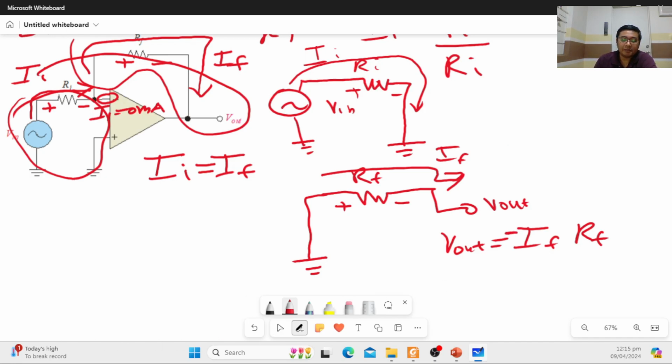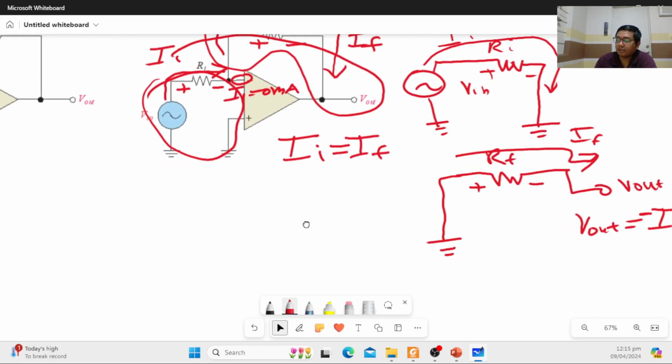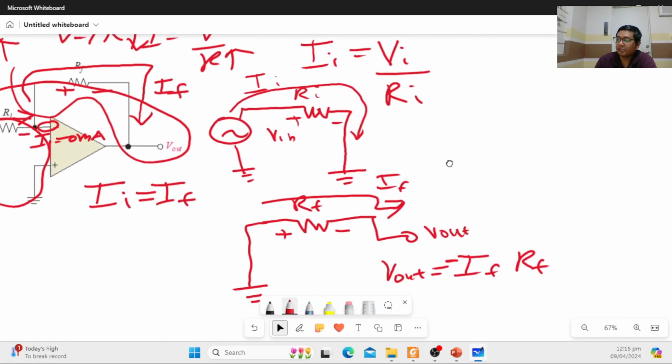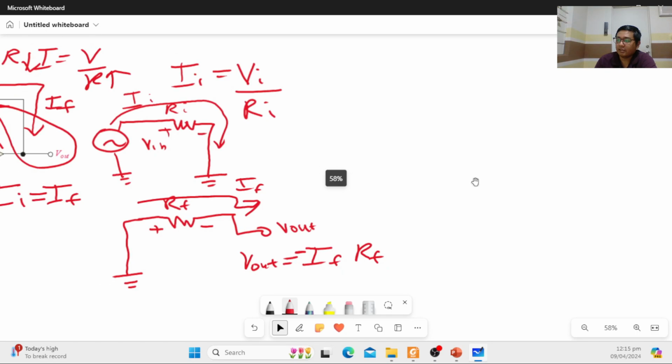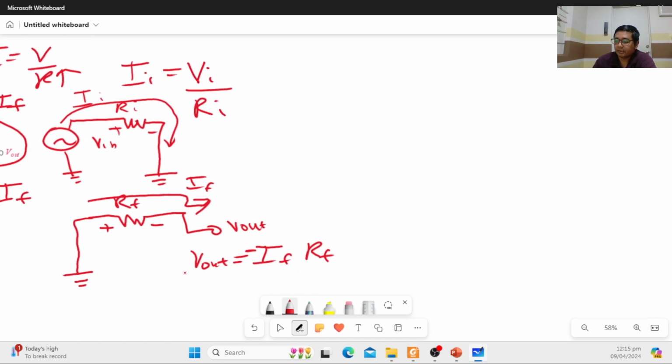And then we can write down the relationship between I sub I or I in and I sub F. Okay, so probably lagyan natin dito, liitan natin onte. Okay. So, i-write natin equation natin. So, we have the input current is equal to IF dahil mataas ang input impedance ng ating op-amp. That's why yung I1 is approximately equal to 0.